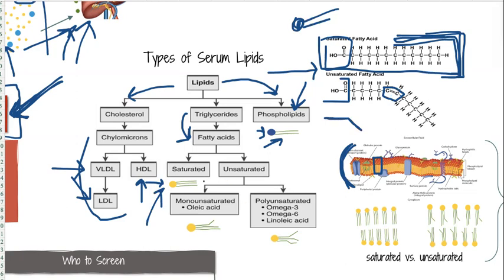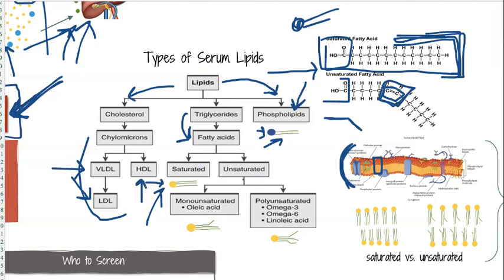So when we talk about saturated, it's a triglyceride with 3 fatty acids that are straight. There's no bend in the fatty acid chain. When we talk about unsaturated, there are bends in the fatty acid chains, and they're different bends depending on where and how the molecules are attached. Don't worry about that.